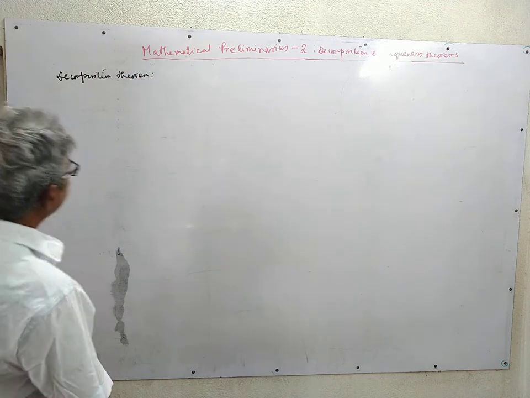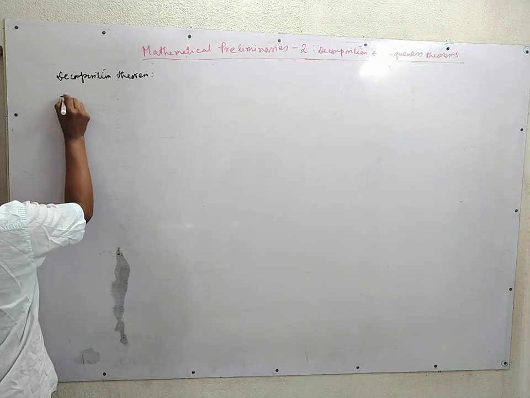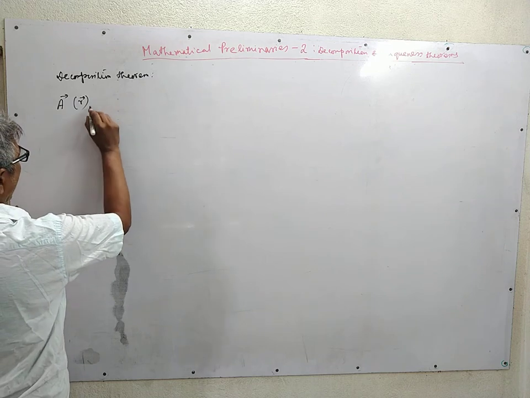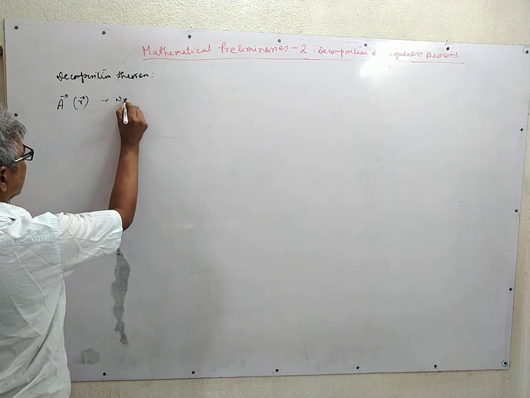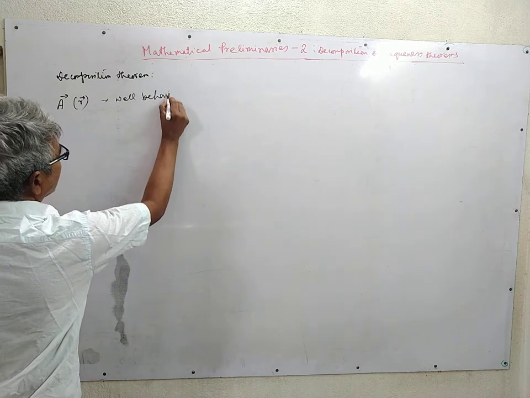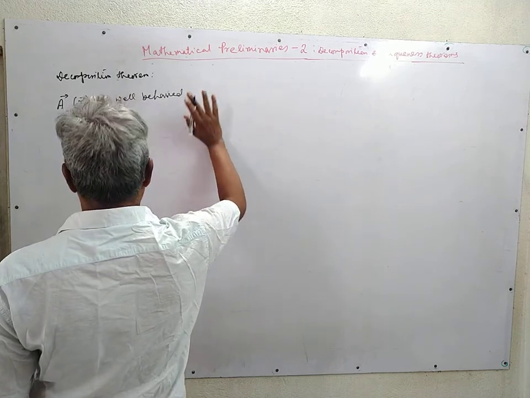We consider a vector field A such that A is finite and well-behaved everywhere in a volume.